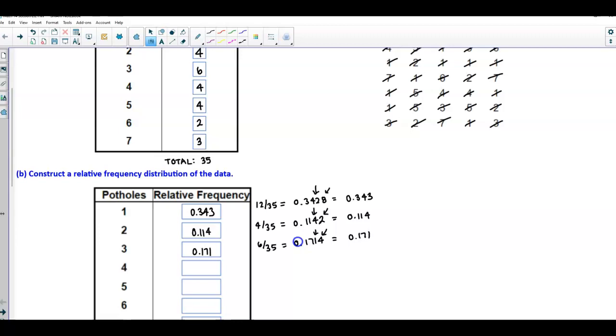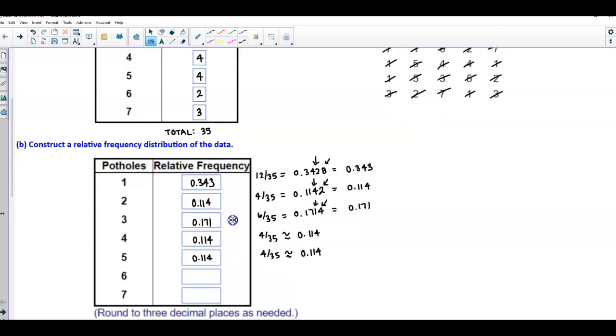The next one is 4, and we've already determined that approximation to 3 decimal places, which was 0.114. The same thing for 5 potholes. We had 4 out of 35, and that was also 0.114, so we don't need to figure that out.